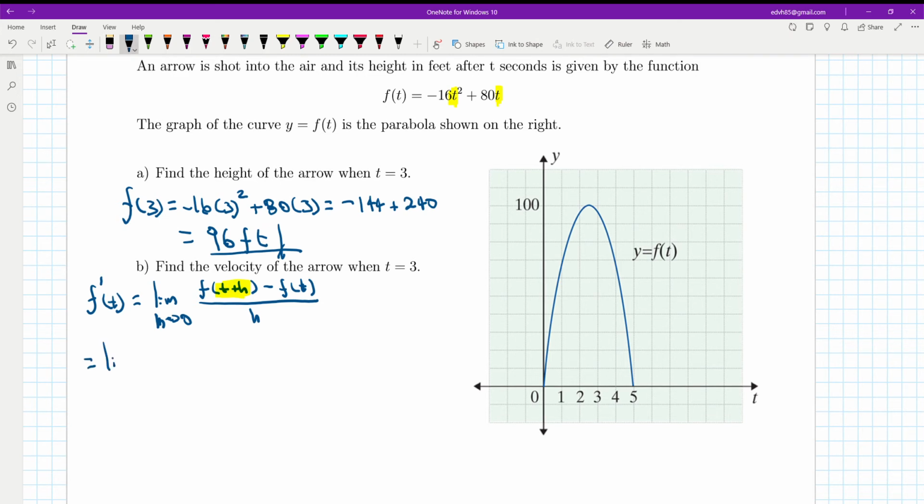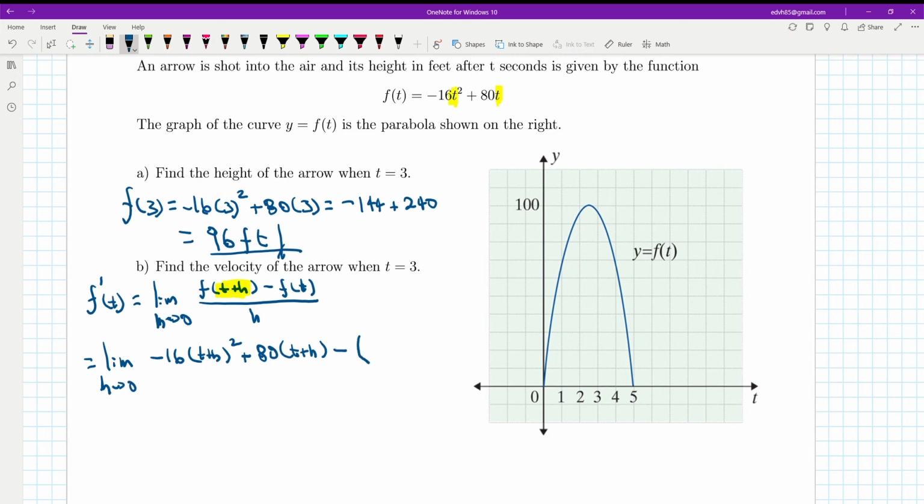Well, limit as h approaches 0 of negative 16 times (t plus h) squared plus, not minus, 80 times (t plus h), and then minus the original function.